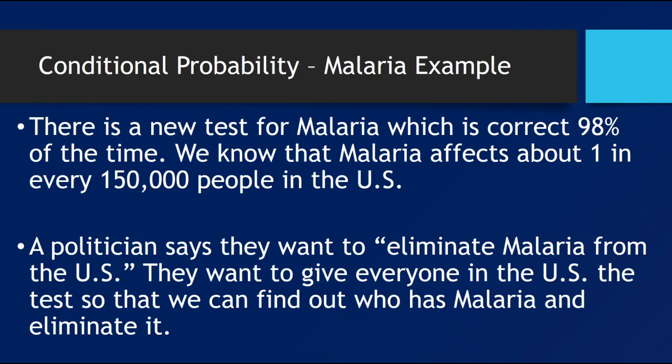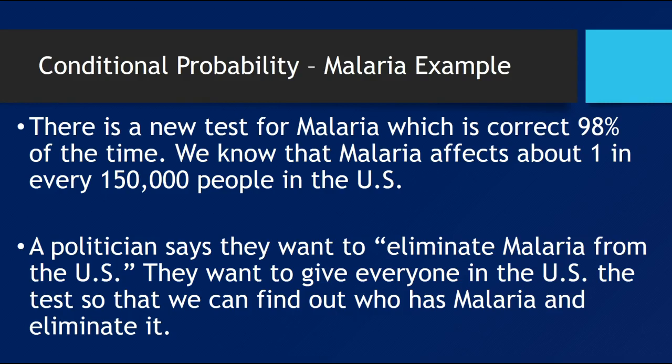Let's assume that there's this brand new test for malaria. This test is correct 98% of the time. So that means 98% of the time, someone with malaria will test positive for malaria, and 98% of the time, someone without malaria will test negative for malaria.